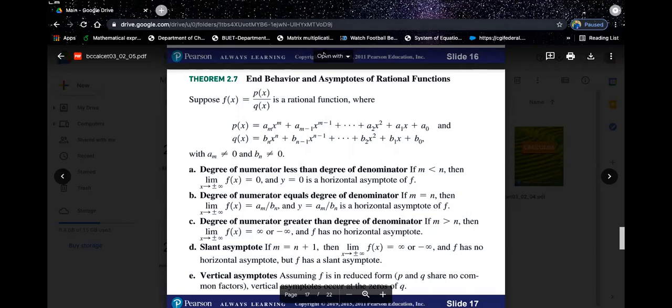Now, let's say we have a function in the form of p(x) over q(x), where both of these are polynomials, and these leading coefficients a_m and b_n are not 0. That means, obviously, we have an exponent of x.